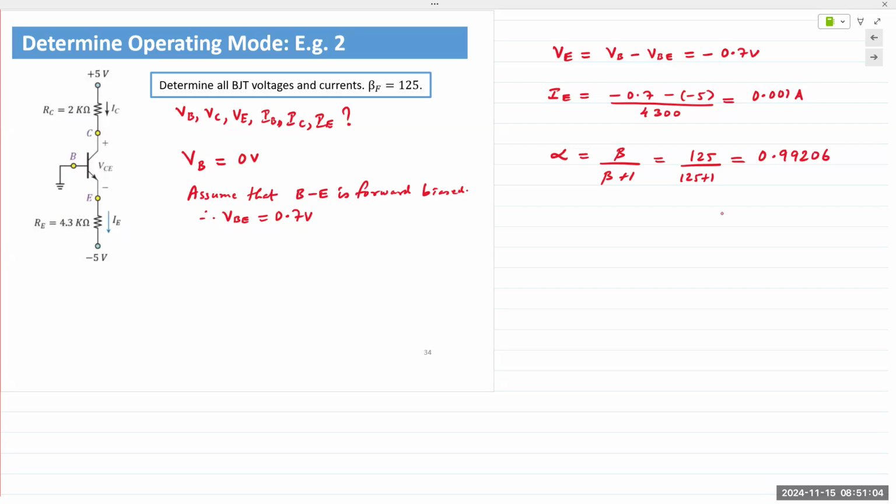I just wanted to show the logical sequence. And then IC over IE, of course, is alpha. So alpha times IE gives me 0.992 milliamps, or 0.99206 milliamps.